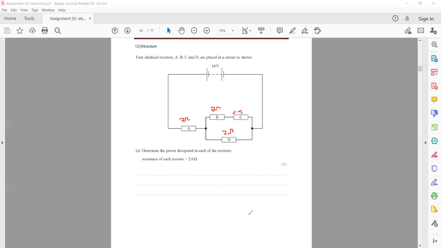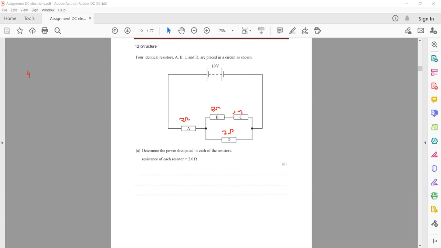These two are in series, so this will be 2 plus 2, 4, and this is in parallel, so it will be product divided by sum. I'm solving it here on the left hand side. So 2 and 2 are connected first in series, 2 plus 2 is 4, and 4 and 2 are in parallel.